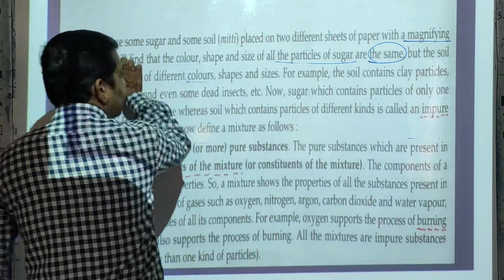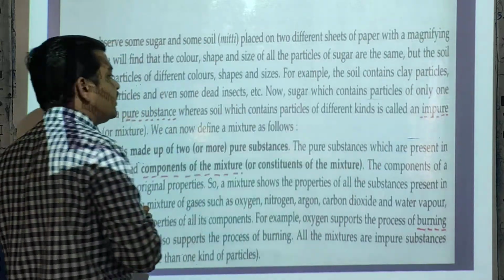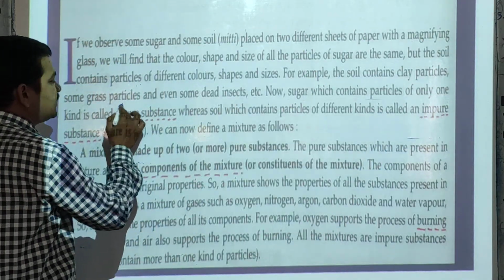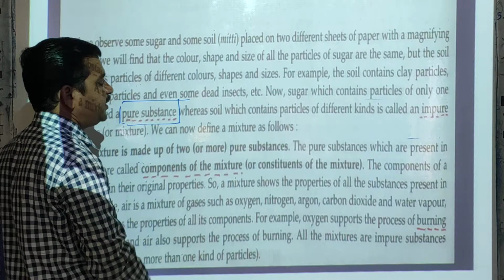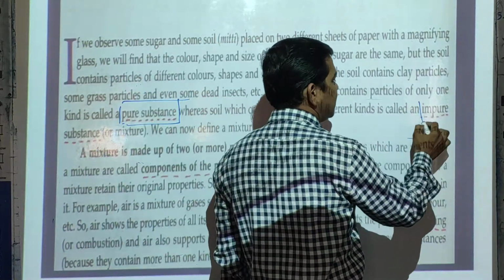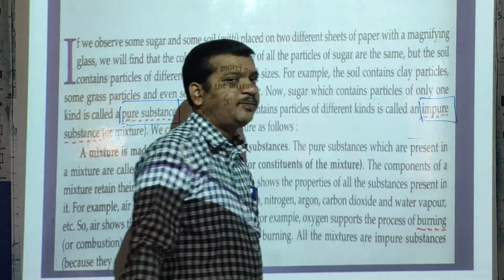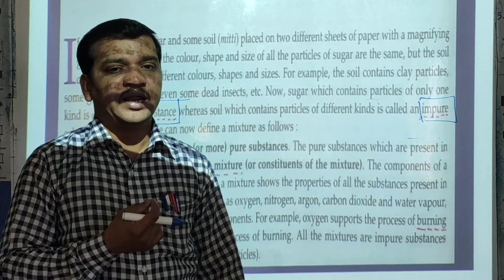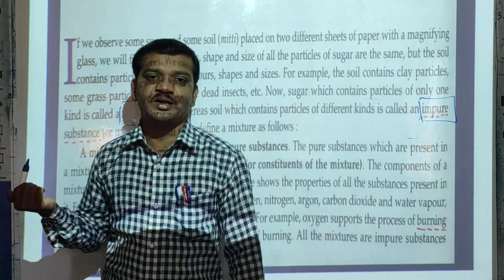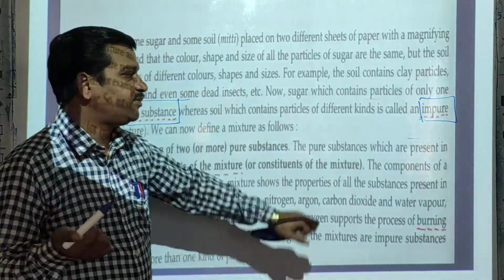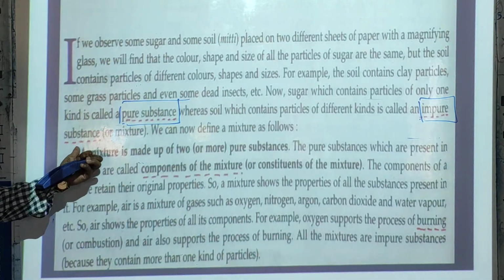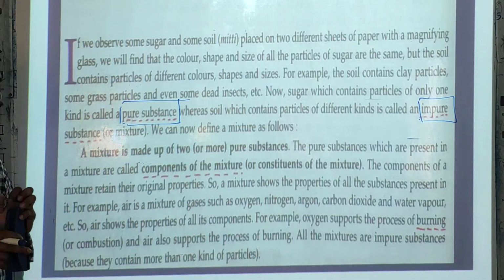You can underline or highlight both definitions. If somebody asks for an example of a pure substance, you can write sugar particles, and for an impure substance, you can write soil.